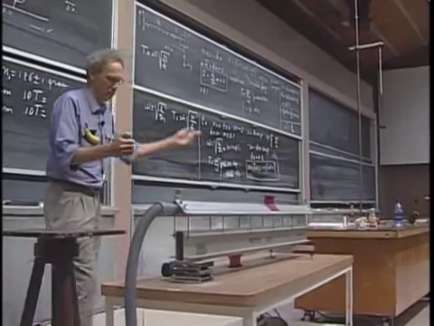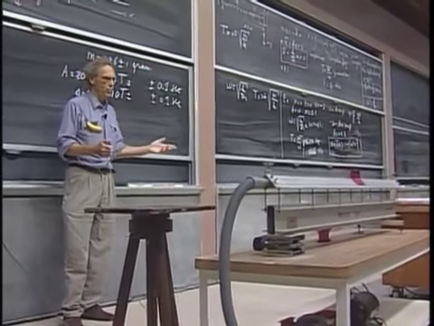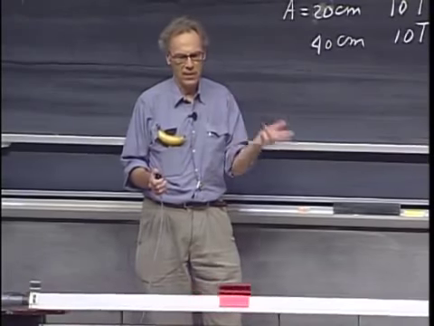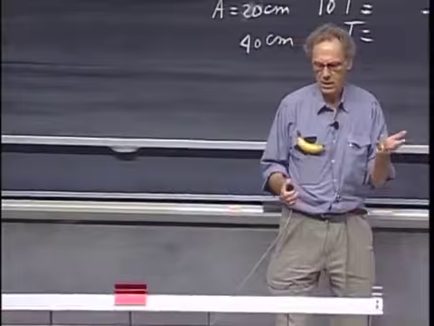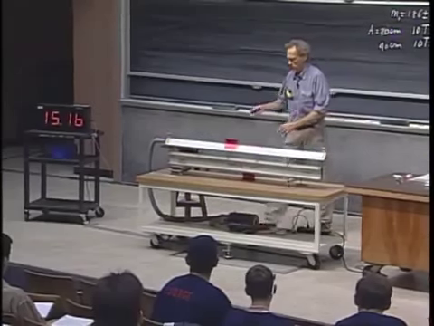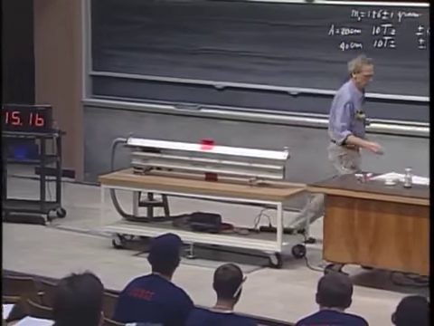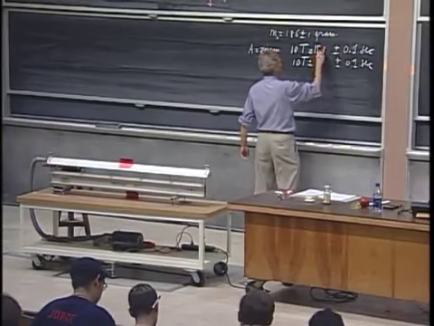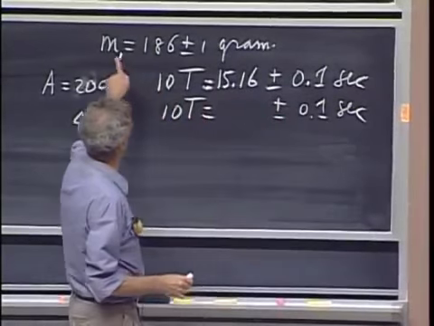There we go. 1, 2, 3, 4, 5, 6, 7, 8, 9, 10. What do we see? 15.16 seconds. By the way, you can derive the spring constant from this now, because you know the mass and you know the time.